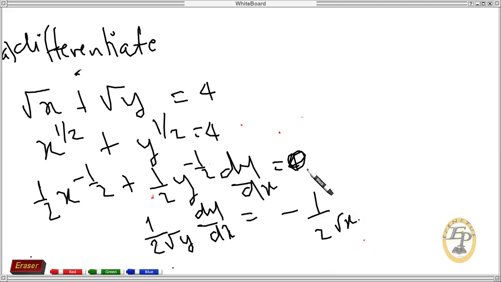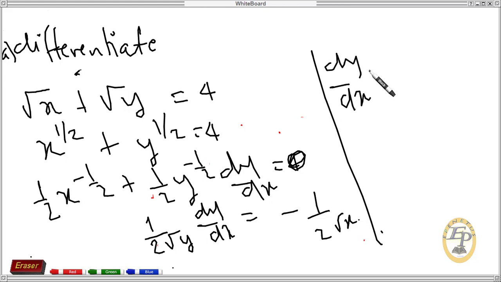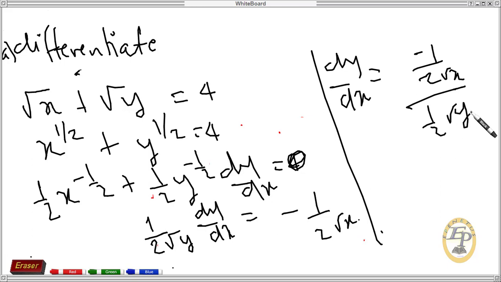Let me just see, if I make dy/dx the subject of the formula, I'm going to have negative 1 over 2 root x divided by 1 over 2 root y, which is equal to negative root x over root y.